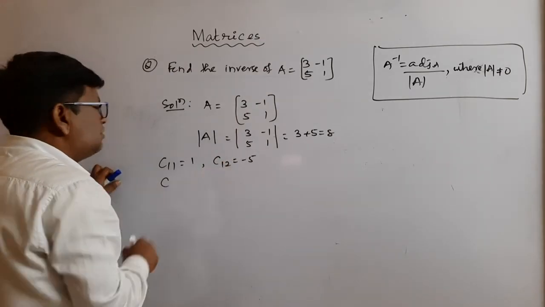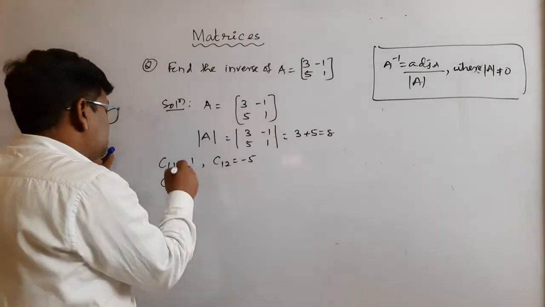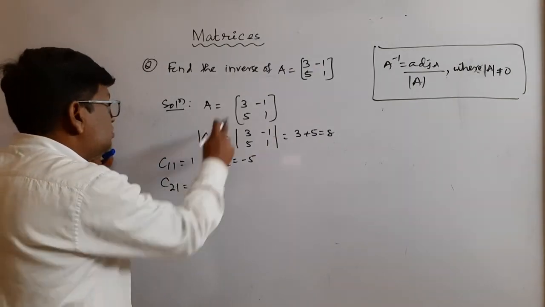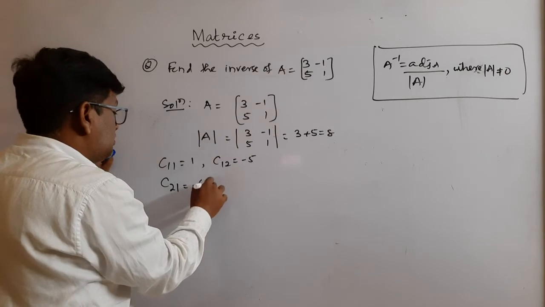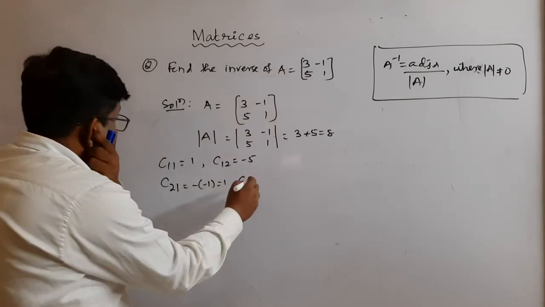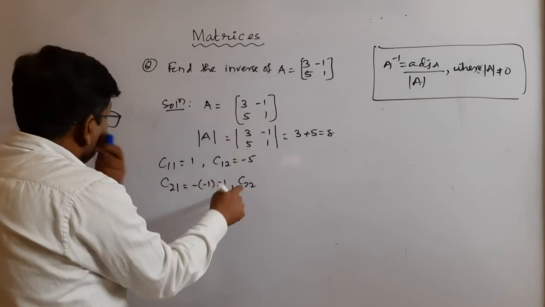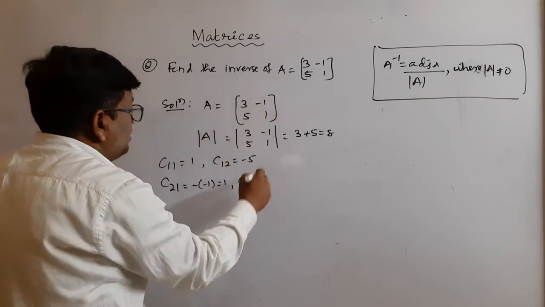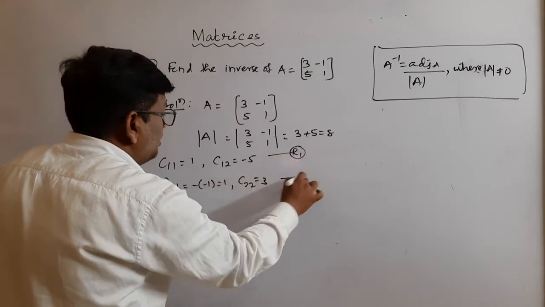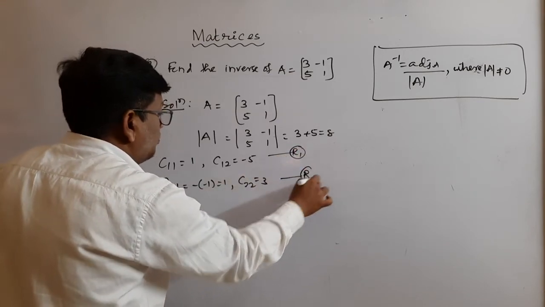Then C21 is odd, so minus, and with minus 1 this is plus. C22 is even, 4, cancel this, so this is 3. This is row 1 cofactors and this is row 2 cofactors.